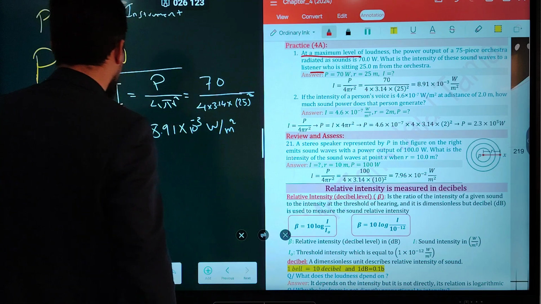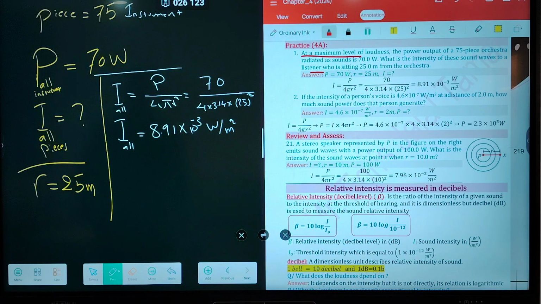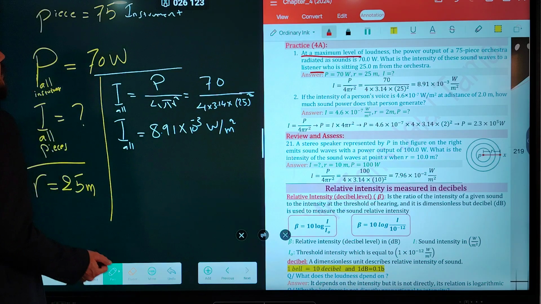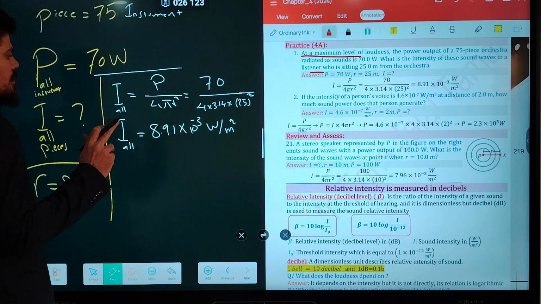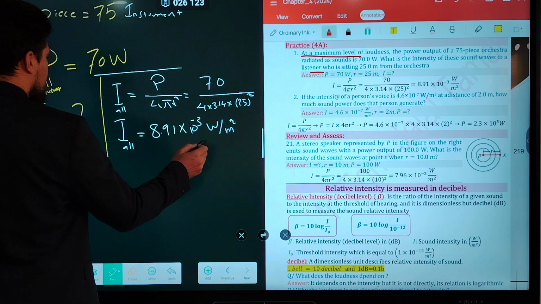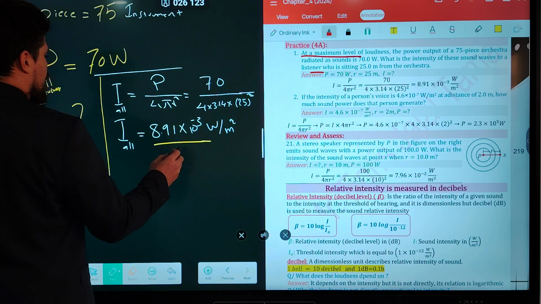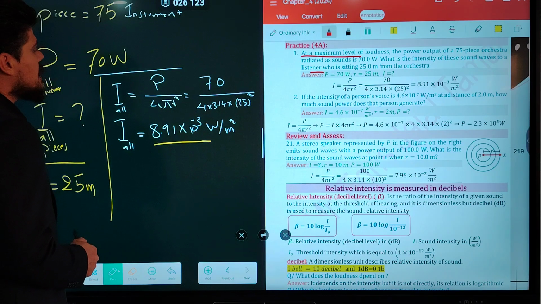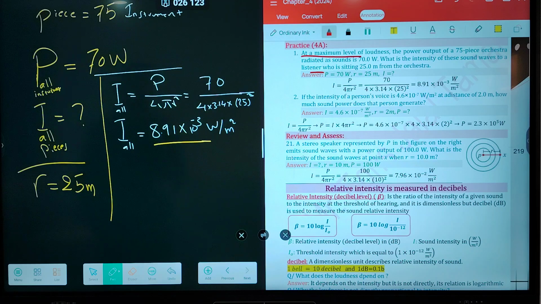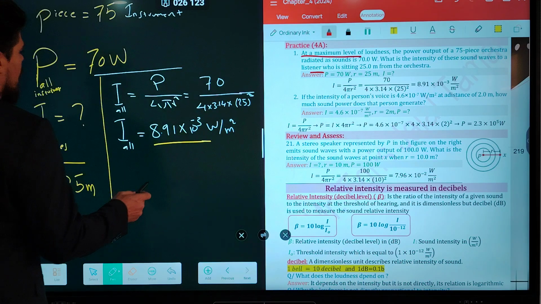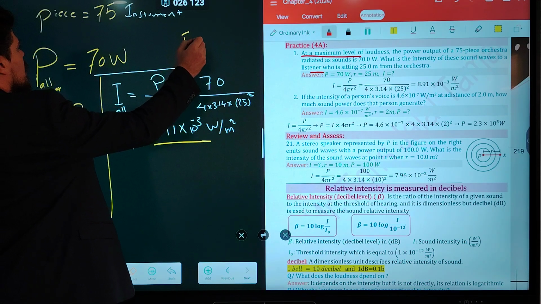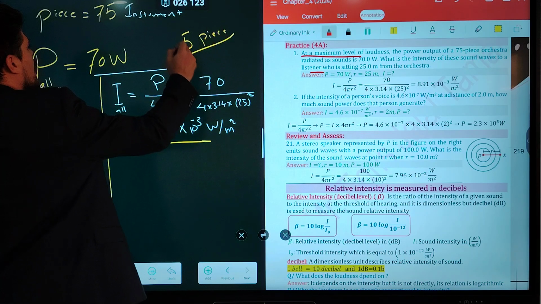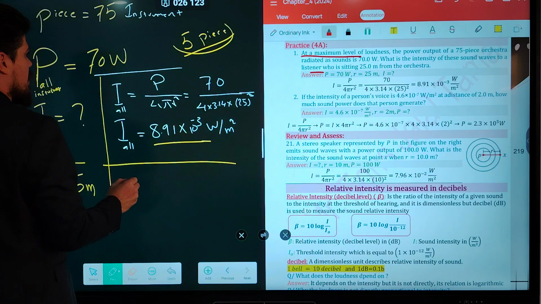Okay, what is this? This is the intensity for all pieces. Guys, to find the intensity of sound for one piece, we have to divide this value by 70, okay? It's going to be for one piece. For example, to find the intensity of the sound wave for 5 pieces, how can you determine intensity only for 5 pieces?